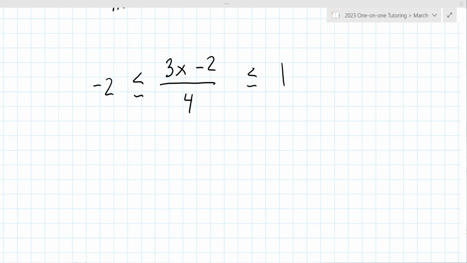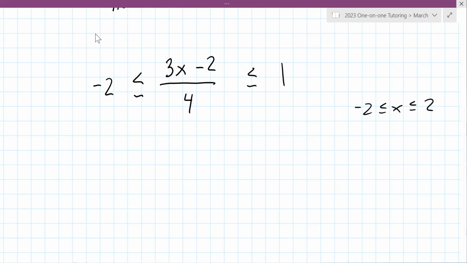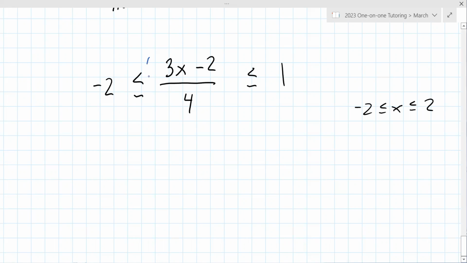-2 is less than or equal to x, which is less than 2. So x is between -2 and 2, like this on the right? Yeah. Okay, tell me what you did first. What's the first thing that you did here? Multiplied everything by 4. By 4. Okay, like that.